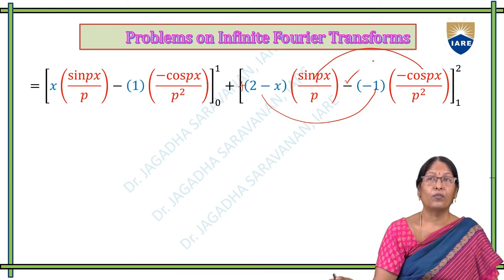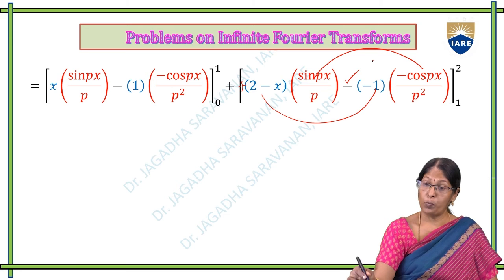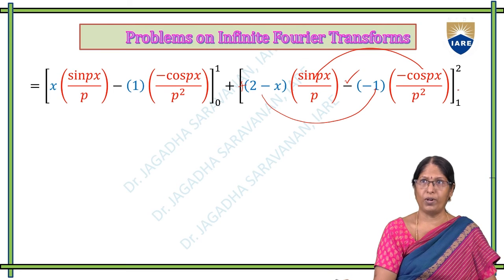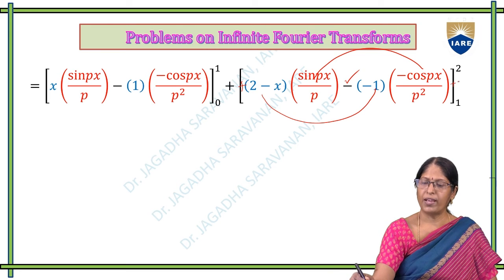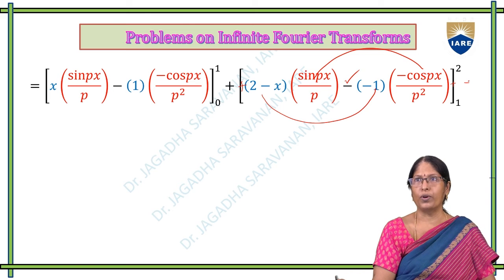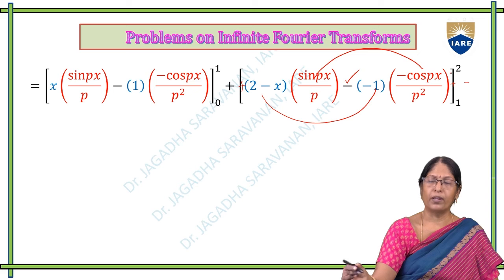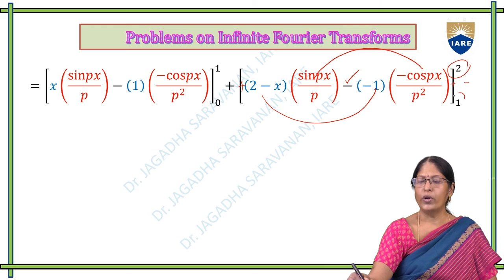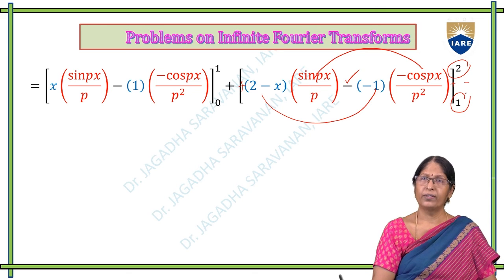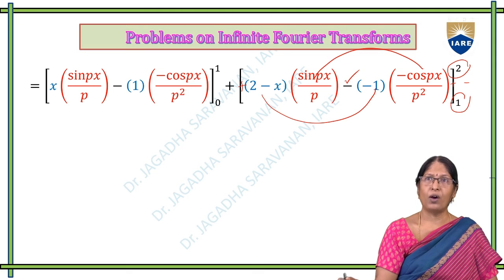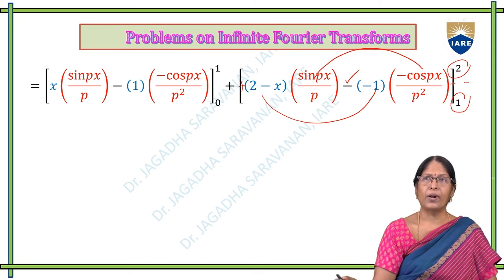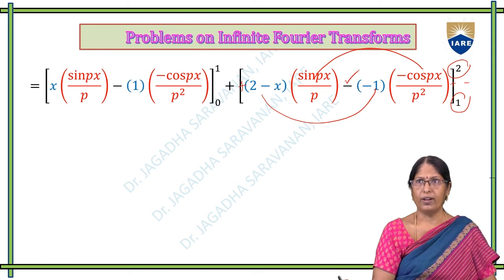The next is the formula sign. Suppose the problem continues, we will write plus, minus, it goes on with alternating signs. Now the upper limit is 2, the lower limit is 1. The next step, we have to apply the upper limits and lower limits.